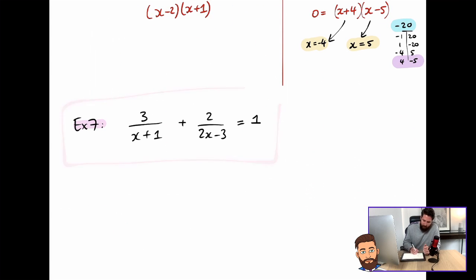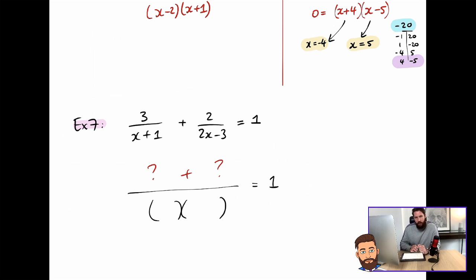Make a common denominator by cross multiplying. Yeah, that's your first step. Get a common denominator by cross multiplying. Work out what needs to go on the top, and then follow that process with the quadratic. And I'll post the solutions to example 7 in the description, and you can see how you got on, and if you got a little bit stuck, you can review my solutions and see what happened.